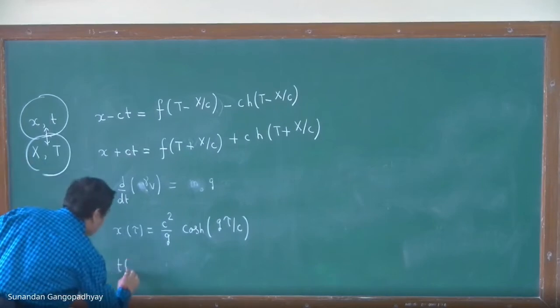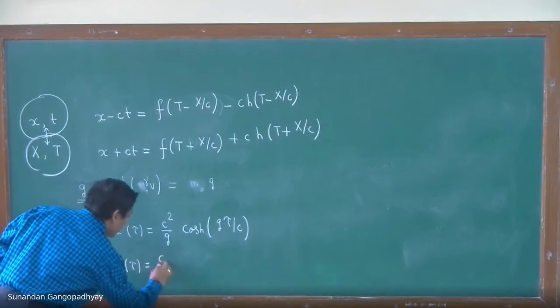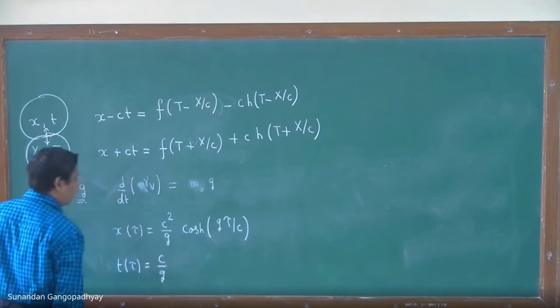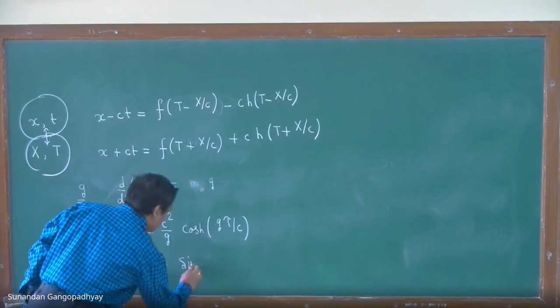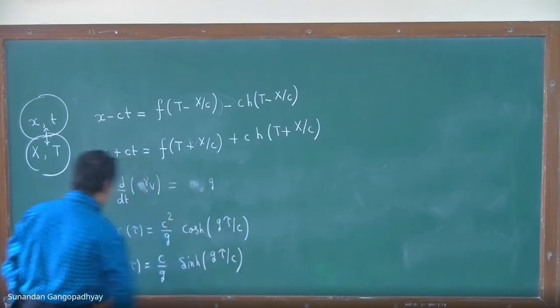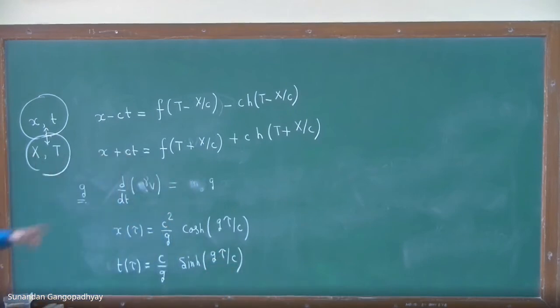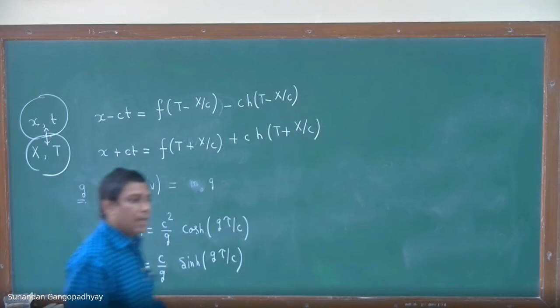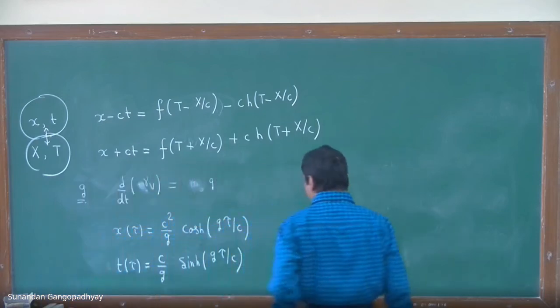Let me just write down, then I take questions. So c by g sinh of g tau by c. So once again we can see that the functional forms that we had assumed in case of an observer moving with a uniform acceleration, the functional forms are these. So that you can calculate problem to problem. If I give you a problem, you can calculate the functional forms.